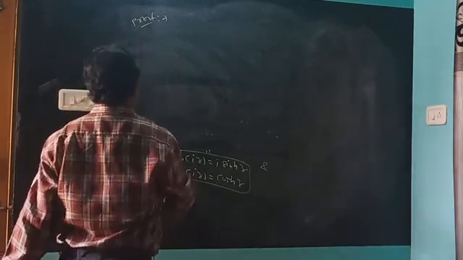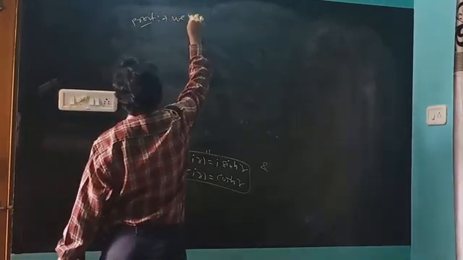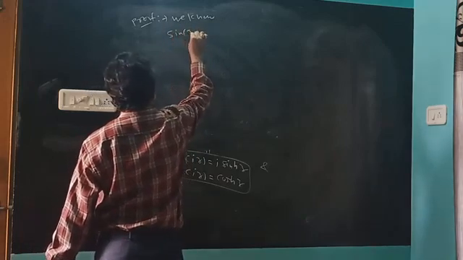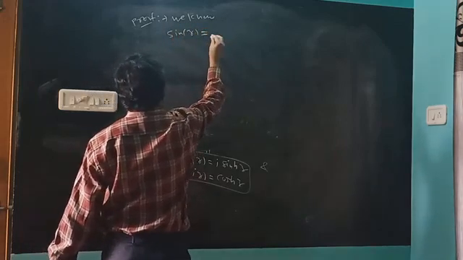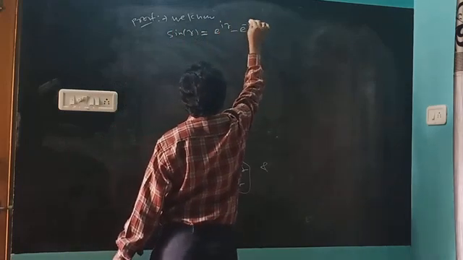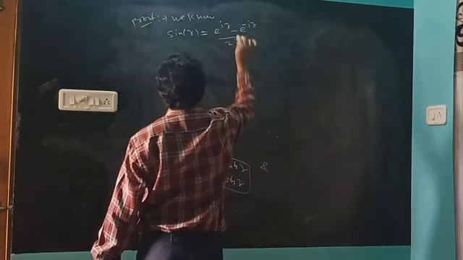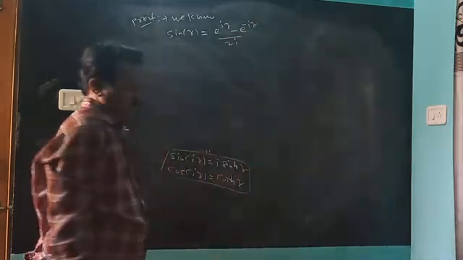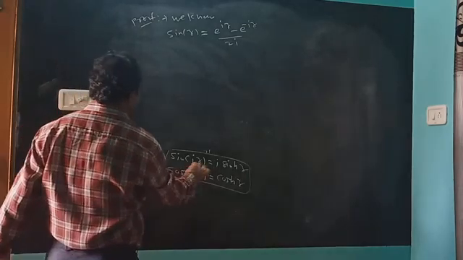So I want sin iz. So we know sin z, trigonometry, sin of z is by definition e raised to power iz minus e raised to power minus iz upon twice I. This is the relation by definition. Now I want sin of iz.